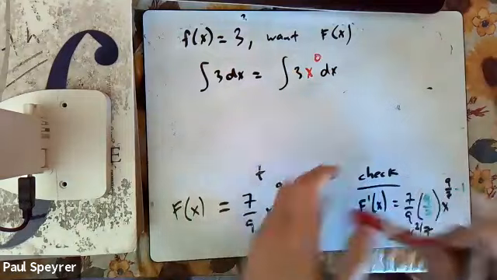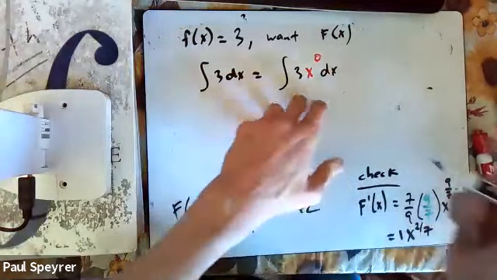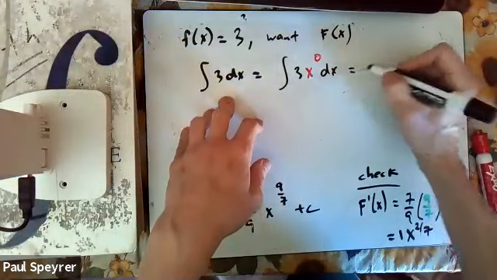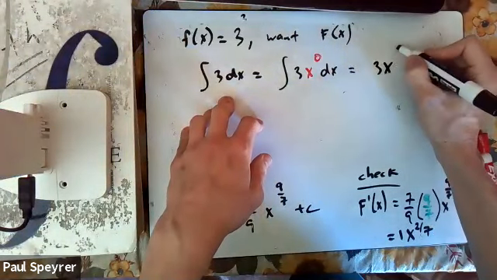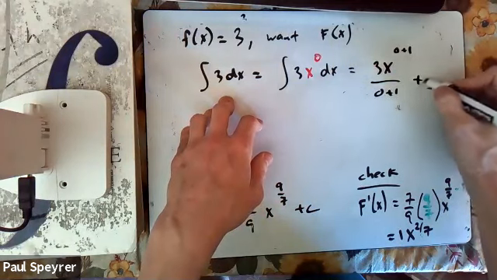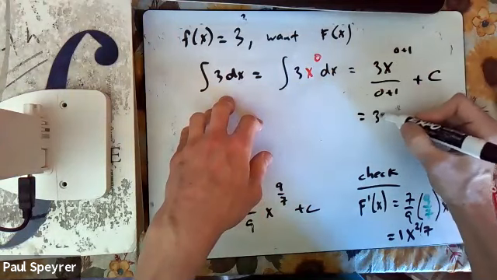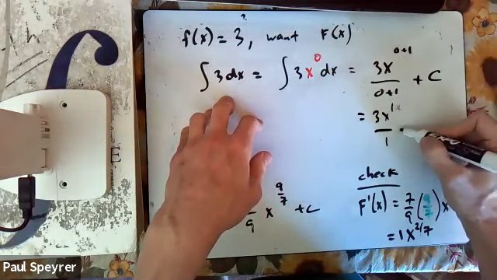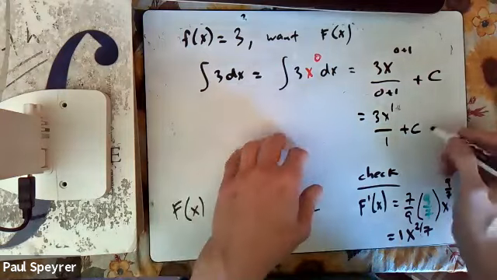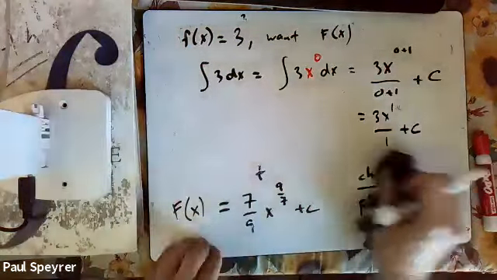Now, if we do our power rule for antiderivatives, what does that equal? That becomes 3x to the 0 plus 1 over 0 plus 1 plus c. So that gives us 3x to the first over 1 plus c, or just really 3x plus c.